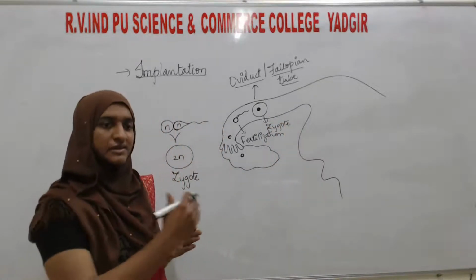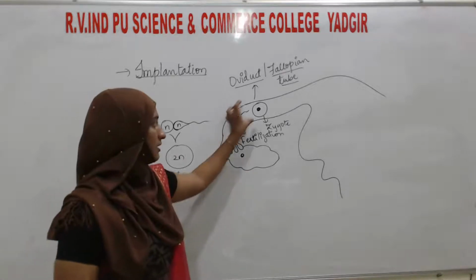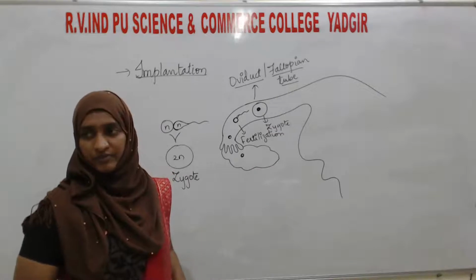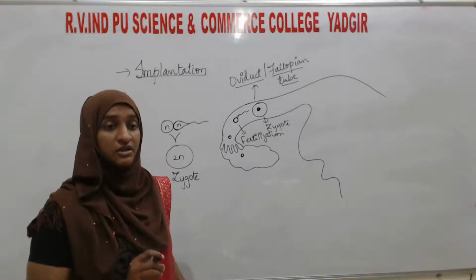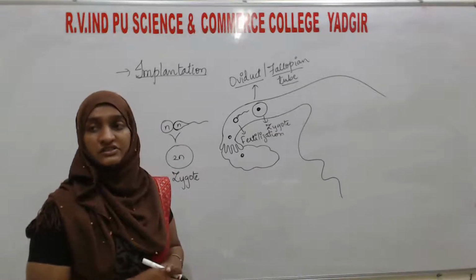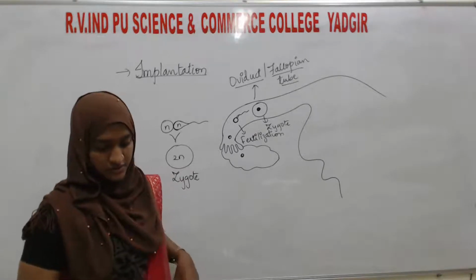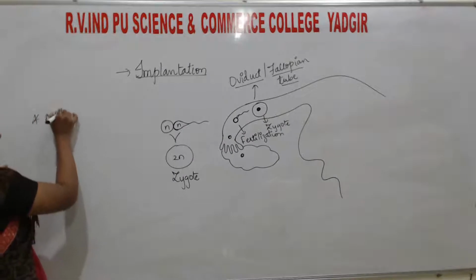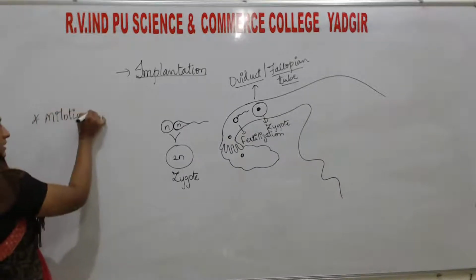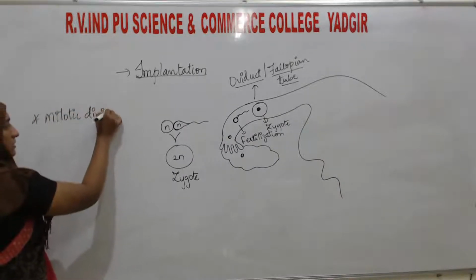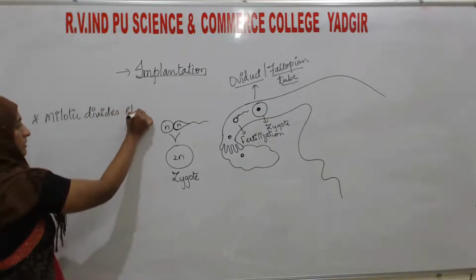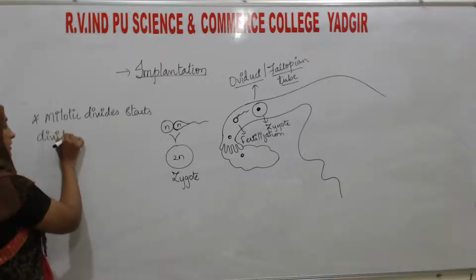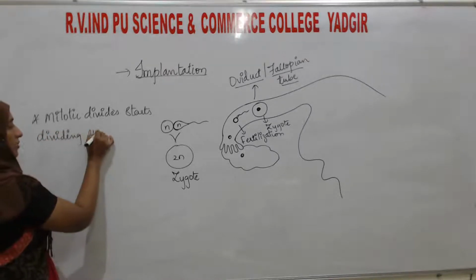Okay, as it is moving further in the fallopian tube, division will take place. Which division? It is the mitotic division, which starts dividing the zygote.